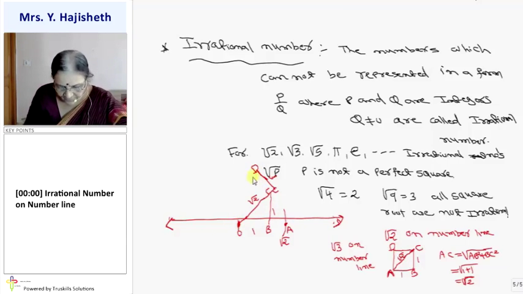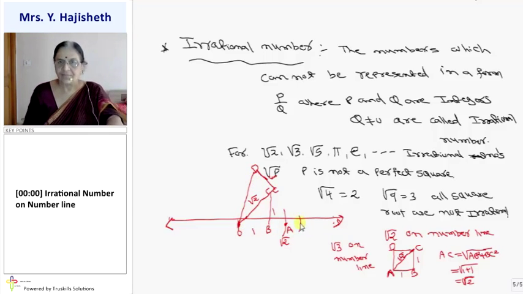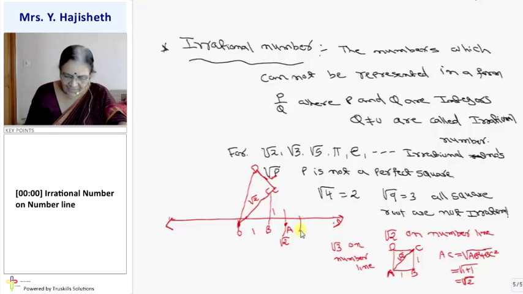Take a compass. Keep your compass at O. Draw an arc. Suppose it meets my number line at point C.